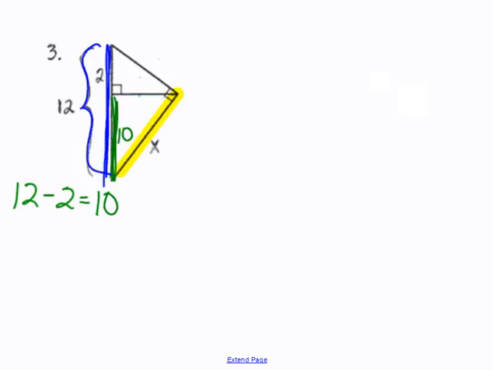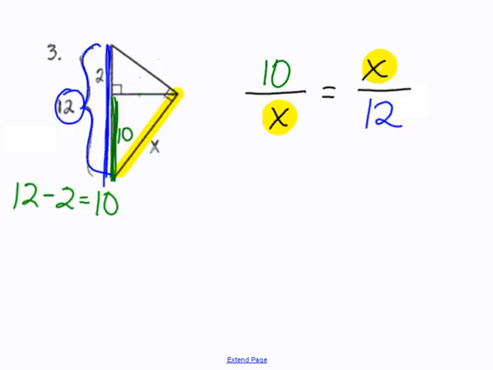All right, so now I can set it up. Remember, the yellow goes in this position, and then I can set it up with, let's see, this is x, and this is x. And then I need the long part of the hypotenuse, and I need the whole hypotenuse, which happens to be 12. We got that already.